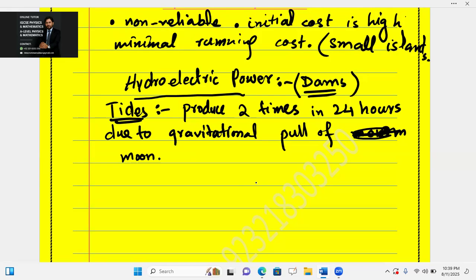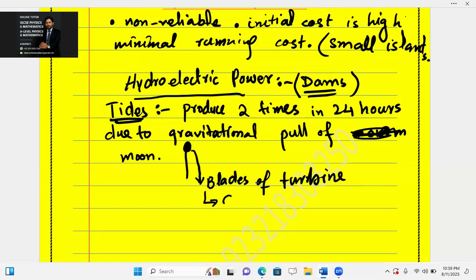For example, a big tide is being produced and the water is at its peak, and it is falling on the blades of the turbine, and its fall is controlled according to the velocity of the blades. The turbine is connected to the armature of the generator, and electricity is generated.